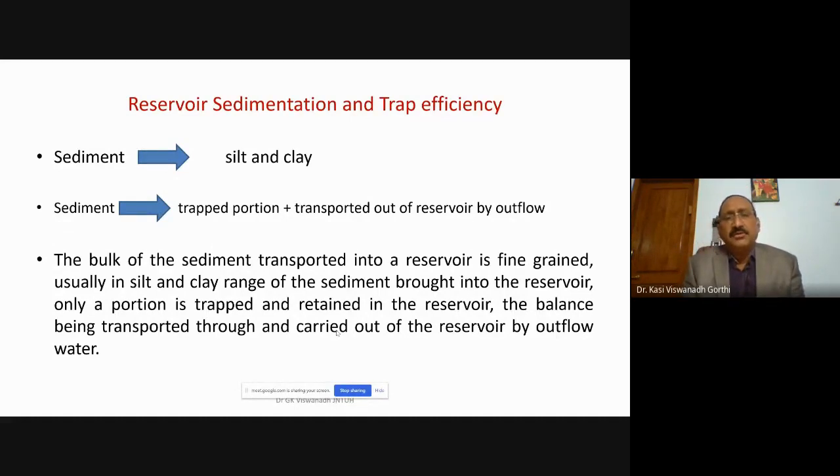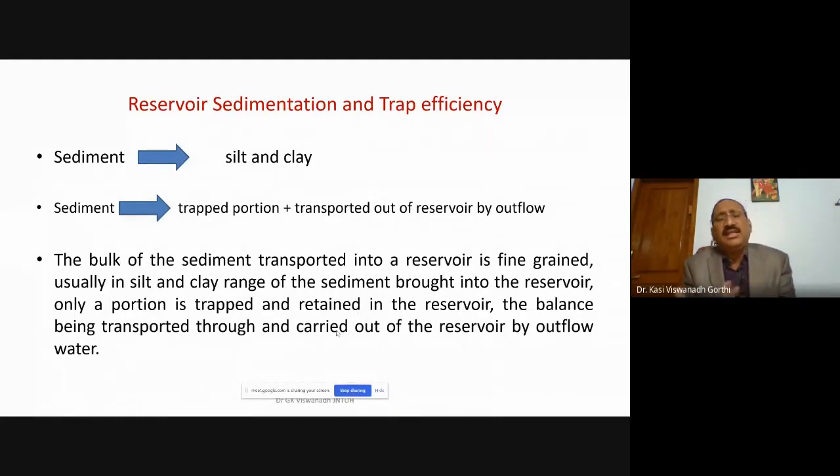Later, the water available in the reservoir will be drawn for various purposes. Maybe for power generation to a power canal, maybe for irrigation into a main canal, maybe for domestic water, sometimes through an outlet to the downstream portion to meet the tail end requirements.